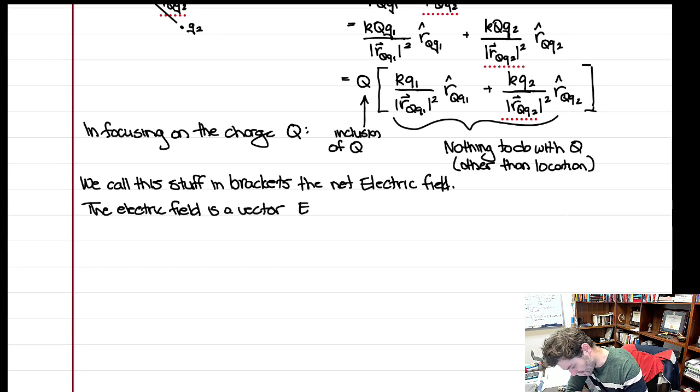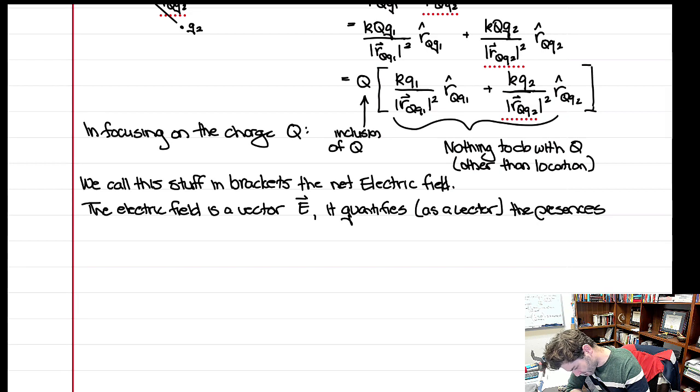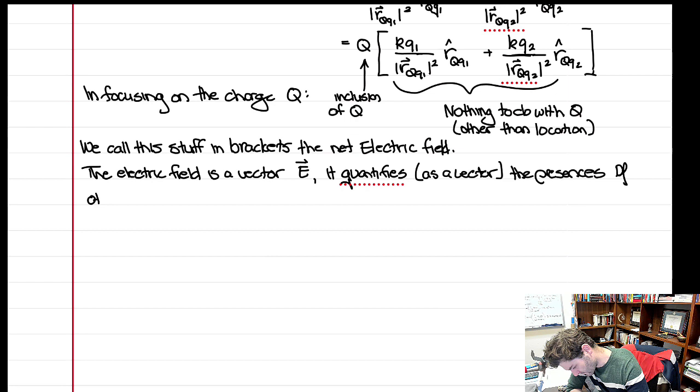We usually write it as E, capital E with a vector sign. And it quantifies, as a vector, direction and magnitude, the presence of other charges outside of your system.